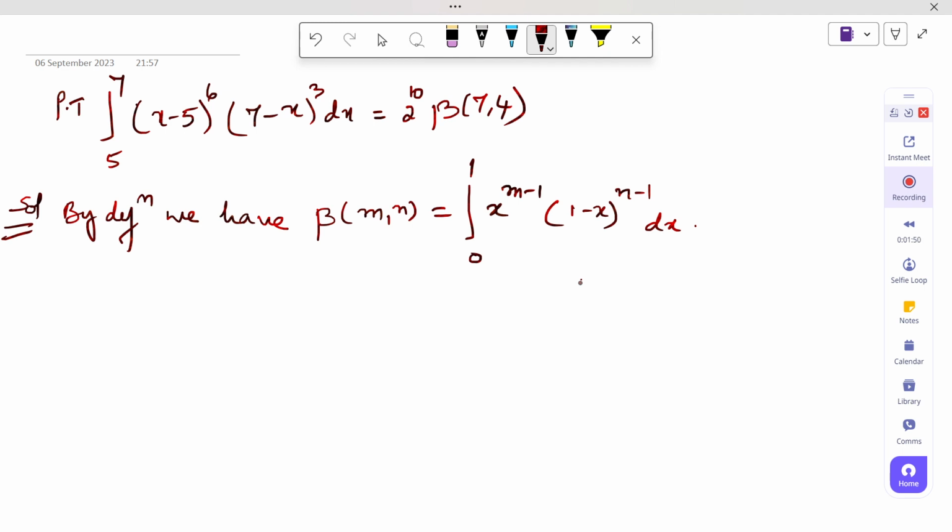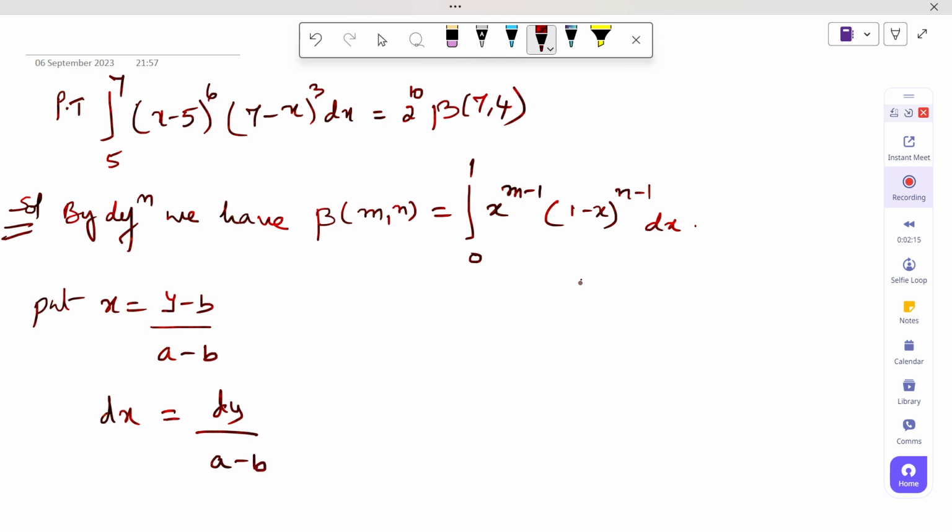So what we will do is put x equal to (y minus b) divided by (a minus b). When we differentiate, dx is equal to dy divided by (a minus b).